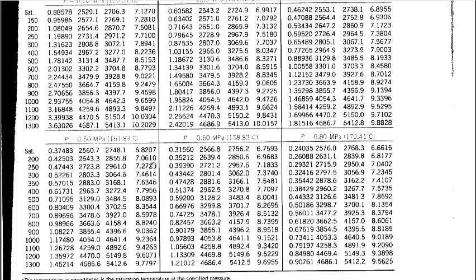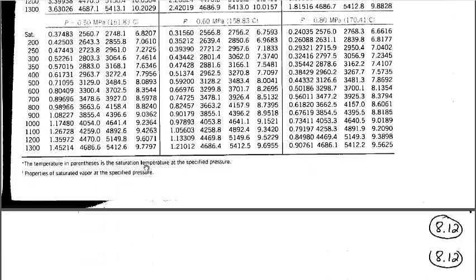I don't see precisely 7.2. 7.2 falls somewhere between 7.06 and 7.27, okay? And when I look at the enthalpy values, the enthalpy values change quite drastically, and so I have to come up with some means of estimating the enthalpy when the entropy is equal to 7.2 kilojoules per kilogram Kelvin. So how do I do that?